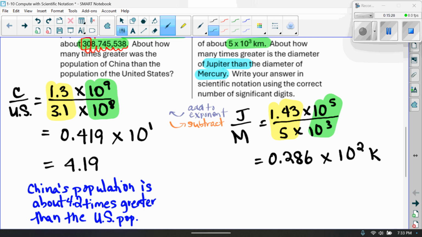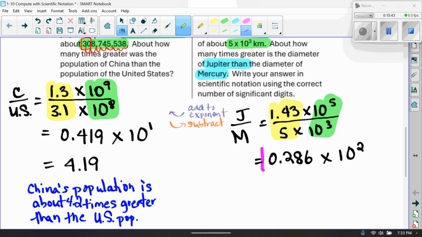And of course, this is going to be kilometers. Okay? Now, actually, we don't need to write that. That's just going to be how many times. So now we've got this.